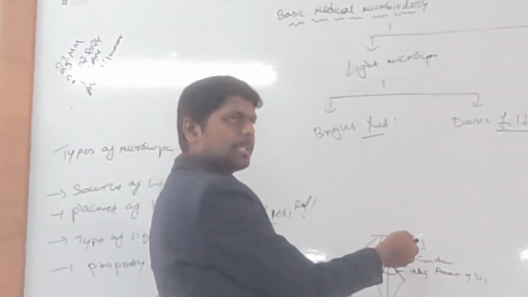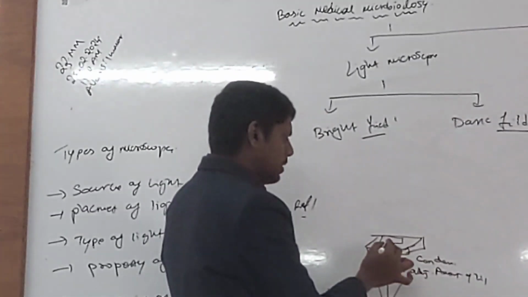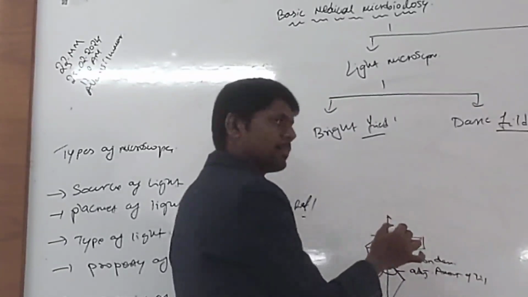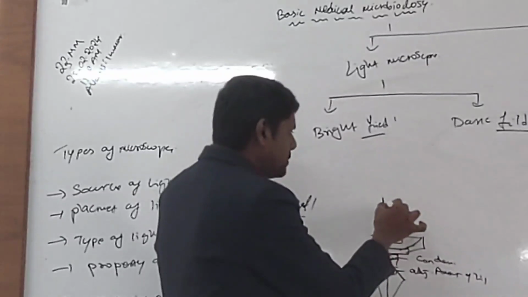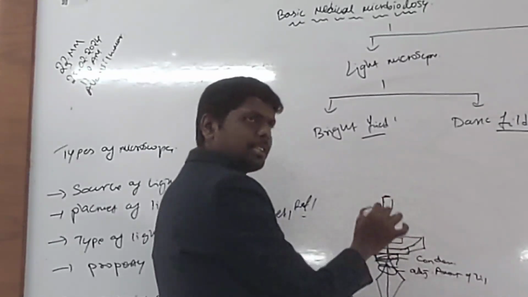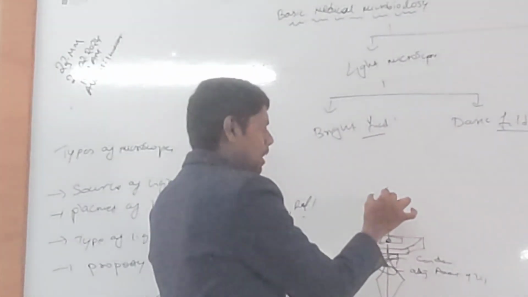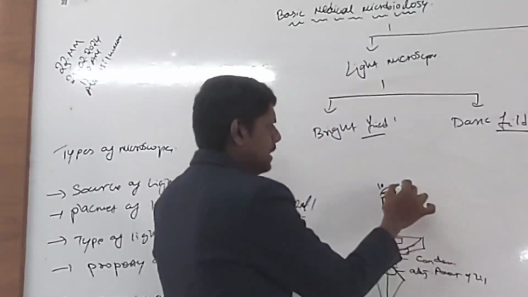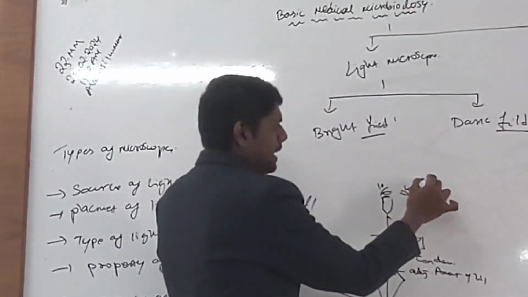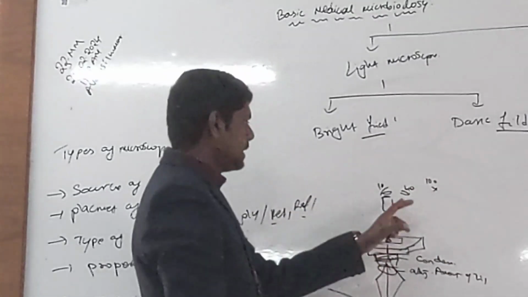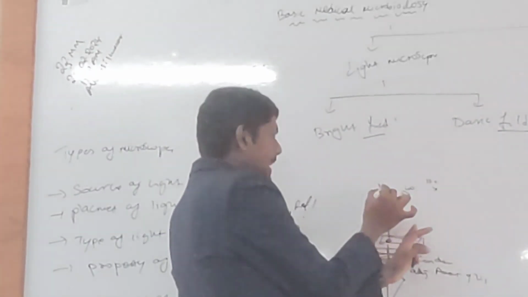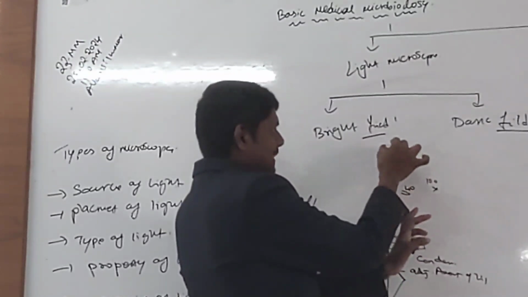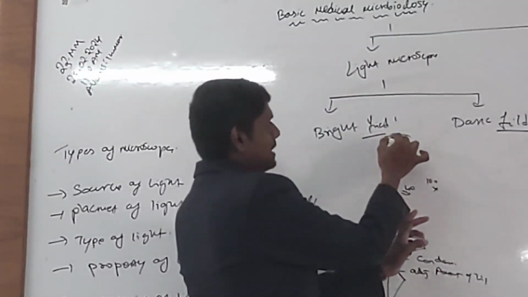Light is transmitted onto the specimen. Whatever comes through the specimen will be collected into the objective lens. Inside the objective lens there are three types of lenses: 10x, 40x, and 100x. This lens will collect the light again and focus it onto the eyepiece lens, and through the eyepiece lens we see the specimen.